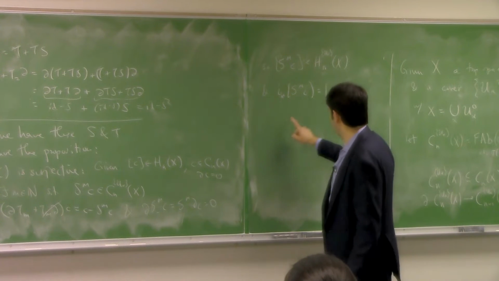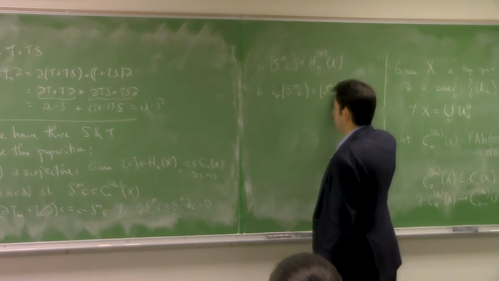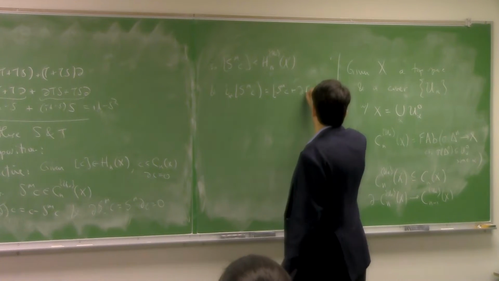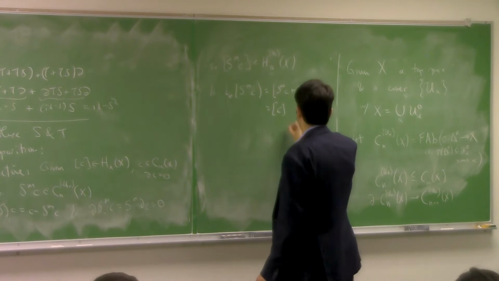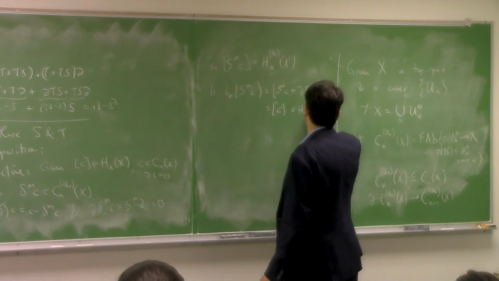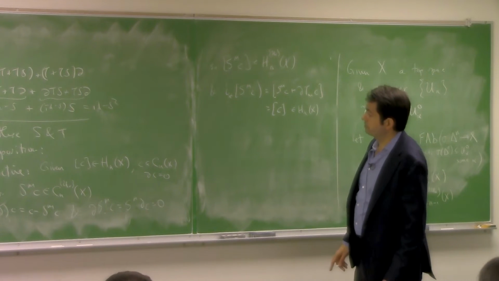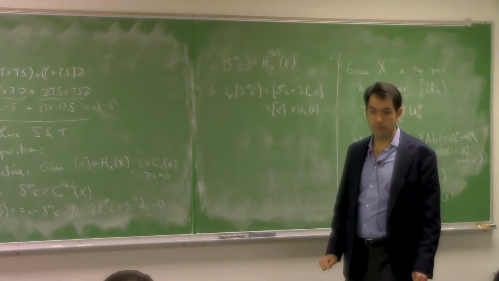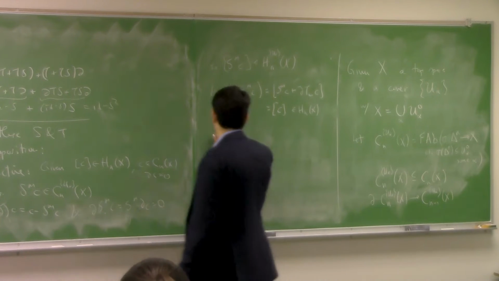I can write S^m C as S^m C plus boundary T_m C, and that's equal to the class of C. Right. So this map is surjective, right? And let's check that it is injective.